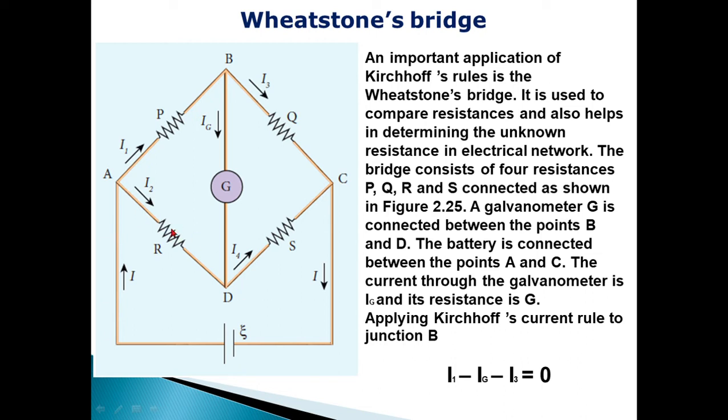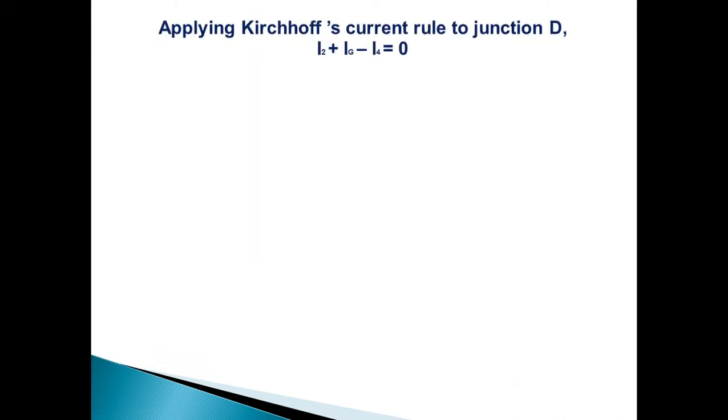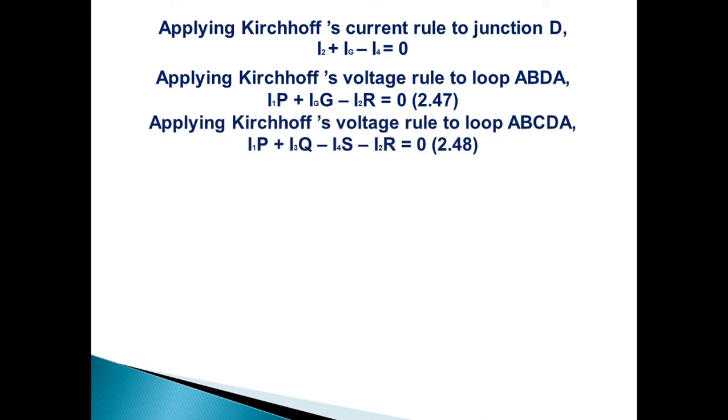But I2 and I4 are in the anti-clockwise or opposite direction, so they are taken as negative. The equation can be written as I1P is positive, plus I3Q minus I4S minus I2R is equal to 0, because of the second rule: the algebraic sum of the product of the resistance and current is equal to the algebraic sum of the EMF in the closed circuit. I1P plus I3Q minus I4S minus I2R is equal to 0.